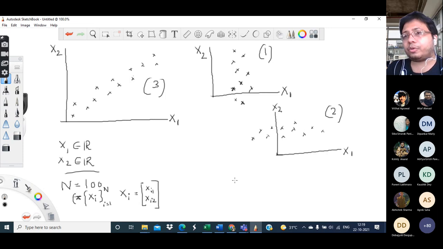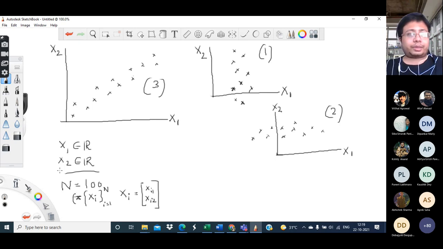Now suppose that whatever algorithm or analysis I am going to do on it, I need to use both of these features, x1 and x2.